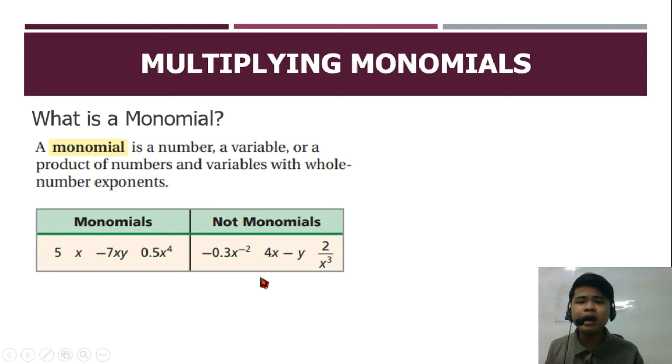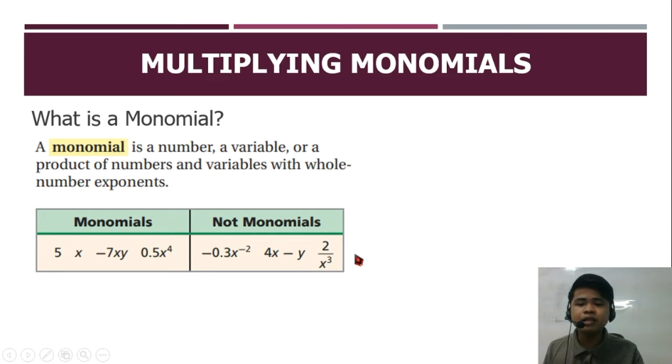The next, we have 4x minus y. Why is it not considered a monomial? It is because it has two terms. Take note that a monomial is a single term polynomial. The next, we have 2 all over x raised to the exponent negative 3.